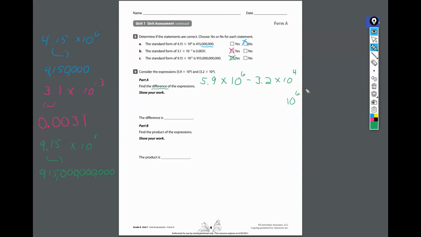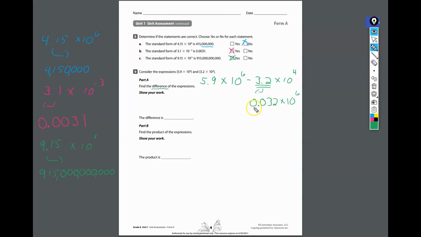Now remember on the previous problems, if this gets bigger, notice it got bigger by 2, this number out in front is going to get smaller by 2. So that decimal is going to move 2 places to the left. So that's 1, and I'm going to need a 0 between the decimal and the 3.